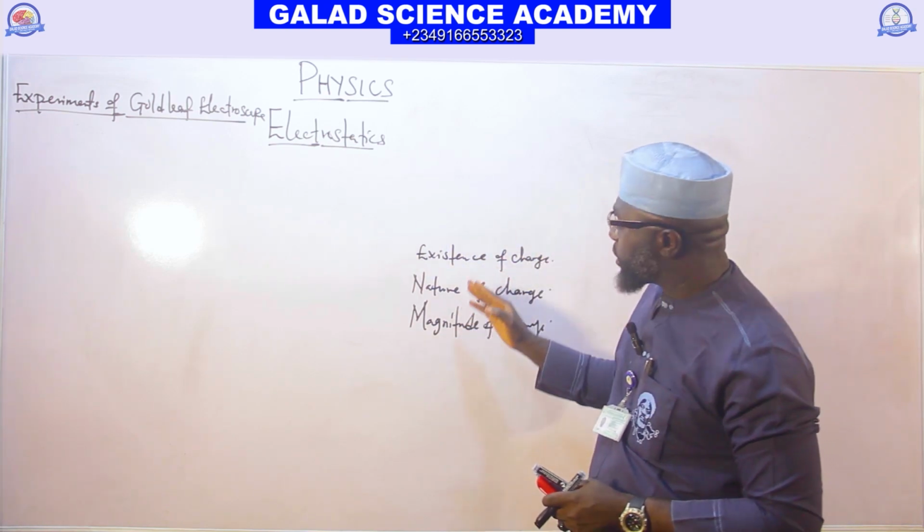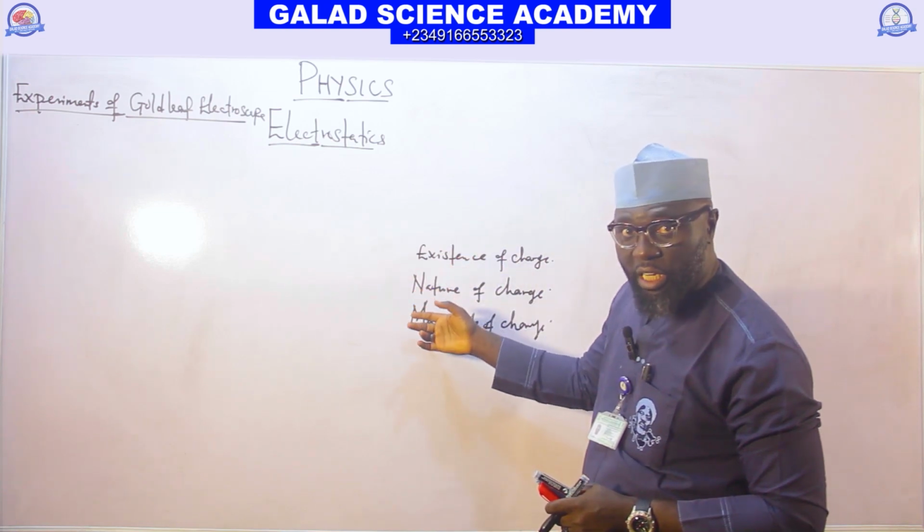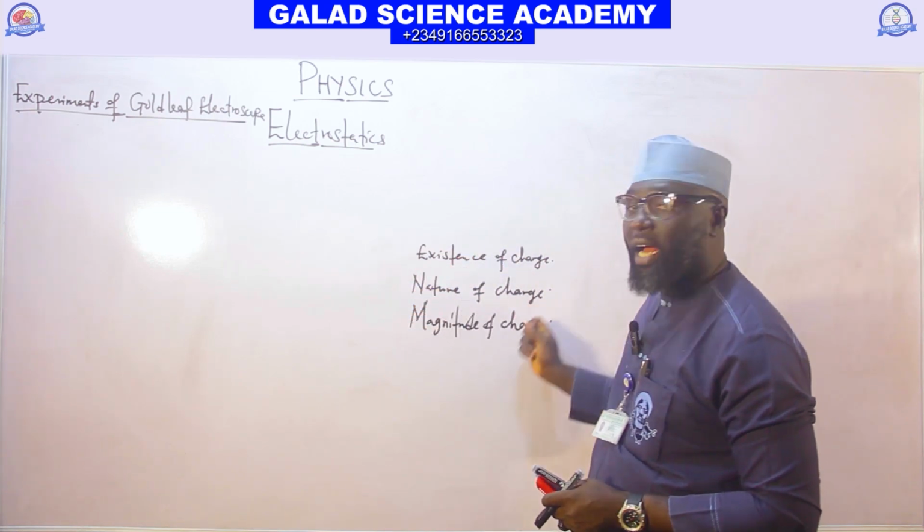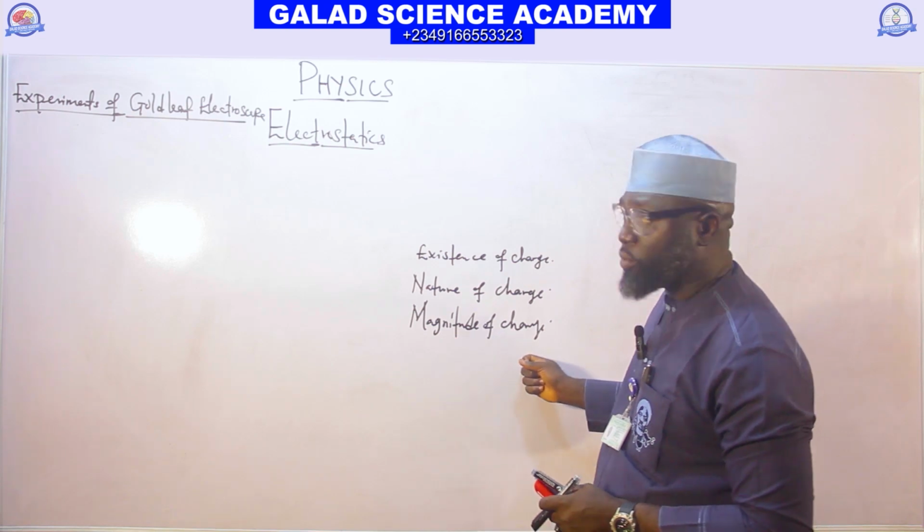The second is how to use gold leaf to determine the nature of charge, and the third is how to use gold leaf to determine the magnitude of charge.